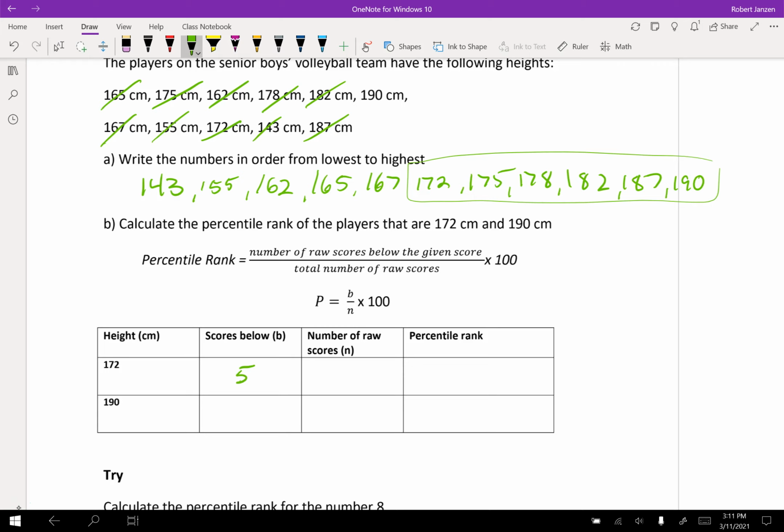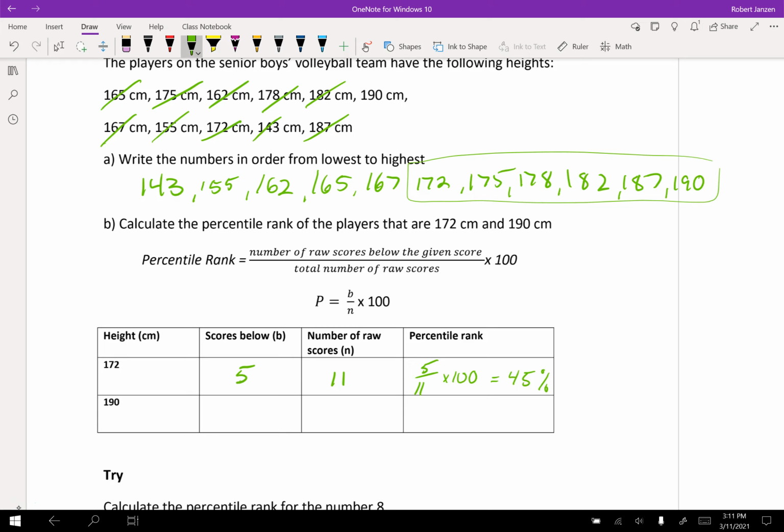The number of raw scores, there are 11 total scores. So the percentile rank would be 5 out of 11 times 100. So this is equal to 45 percentile. That means that 172 is at the 45th percentile.